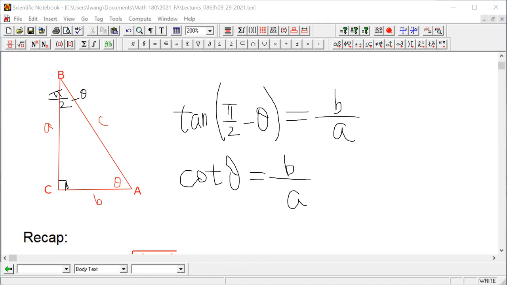I did number 3, tangent of 15 degrees. For Trig 17, you need to use half angles, because 15 degrees is half of 30 degrees. So you use the half angle formula.